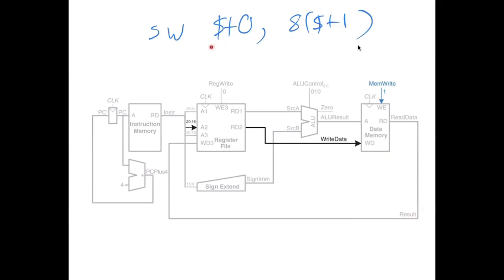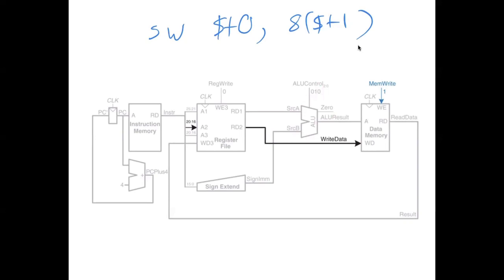But now we're storing the contents of T0 into memory at that address. So we're also going to need to read what was in T0. So in this case, we have to read T0 and send that into the write data part of data memory. The address computation is exactly the same, and so our address is the same.